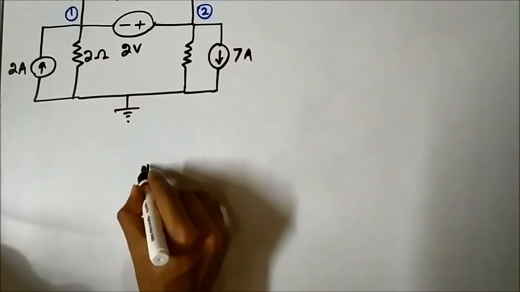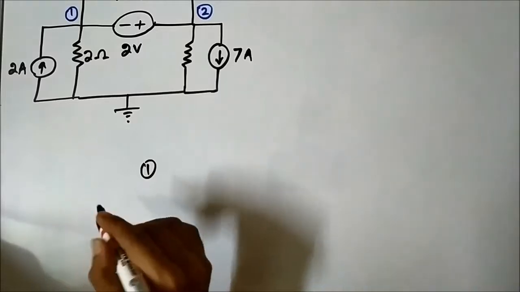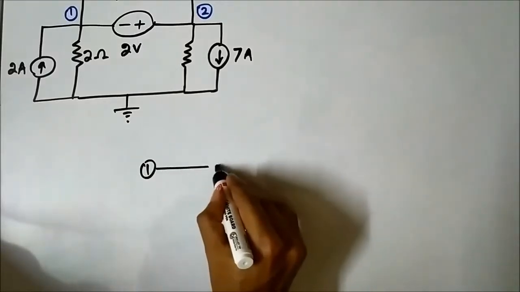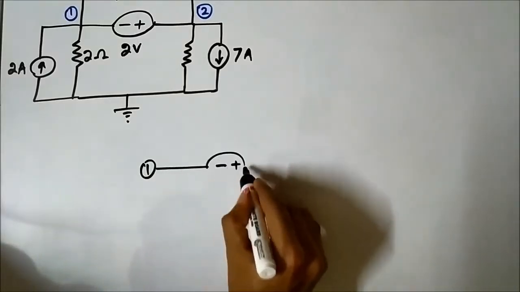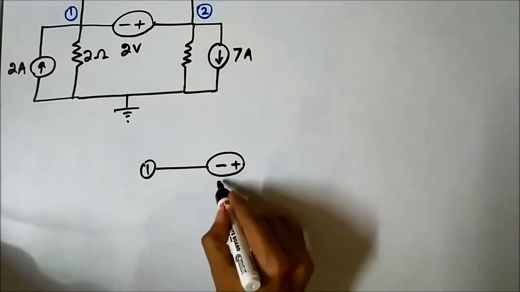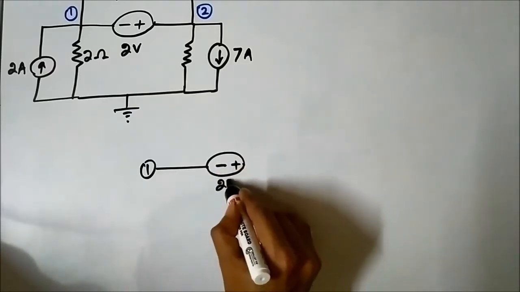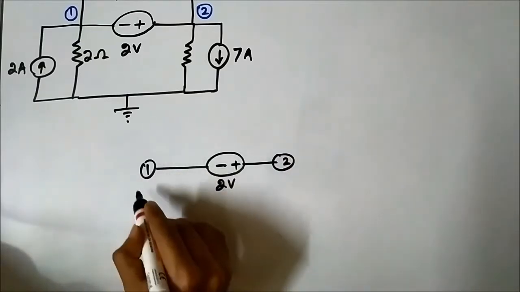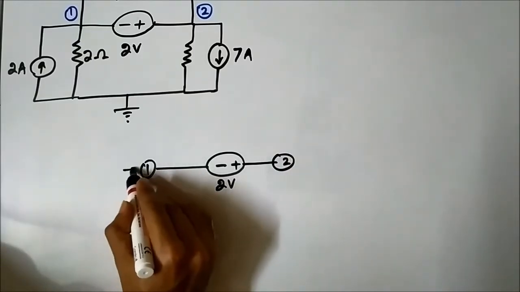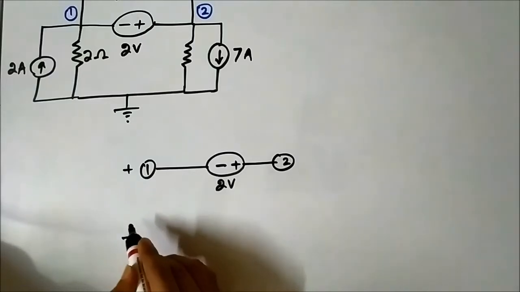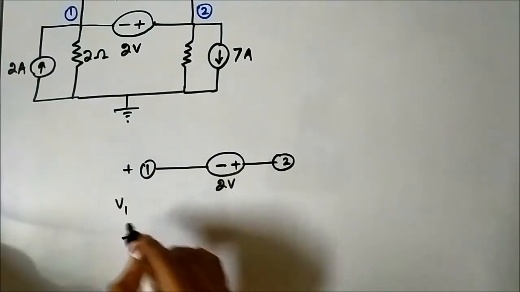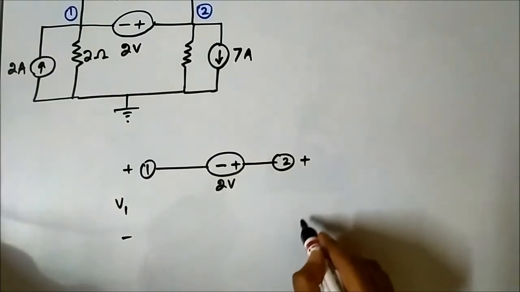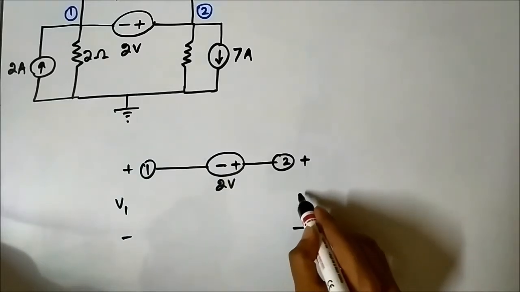Let's say this is node 1, here we have the voltage source 2 volt, and here it is node 2. The voltage between node 1 and ground is V1. The voltage between node 2 and ground is V2.